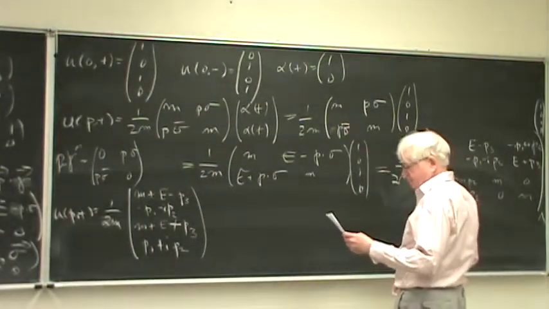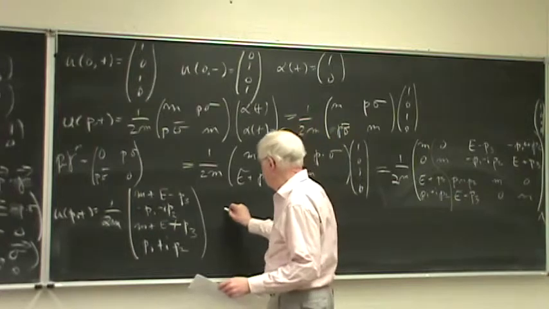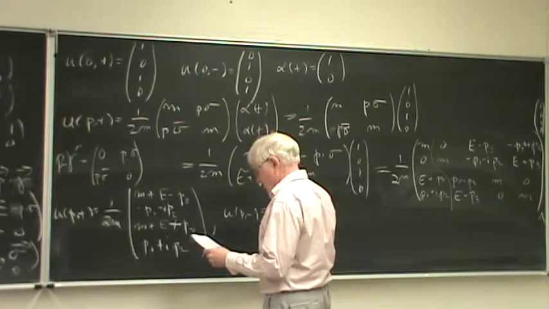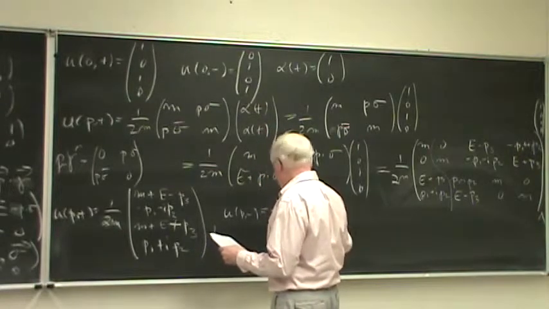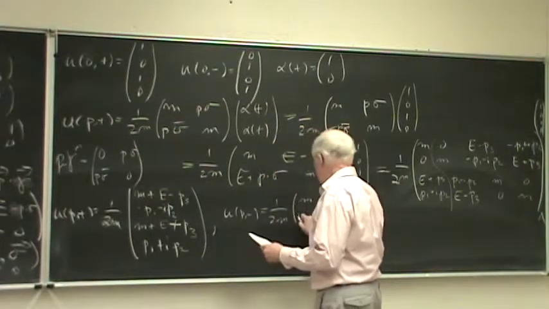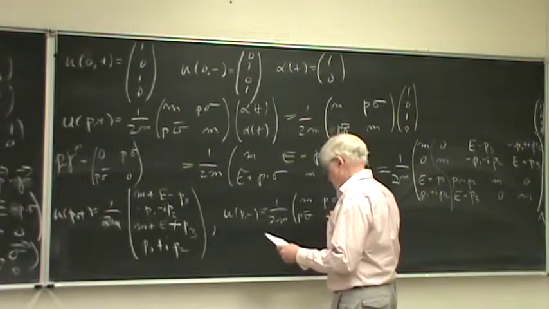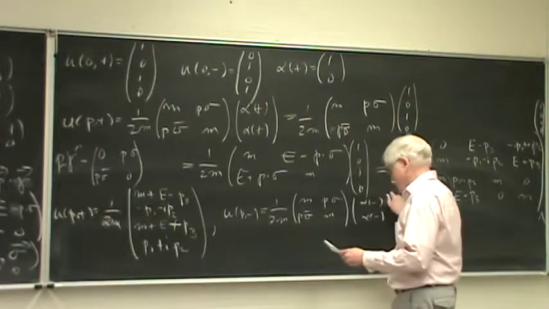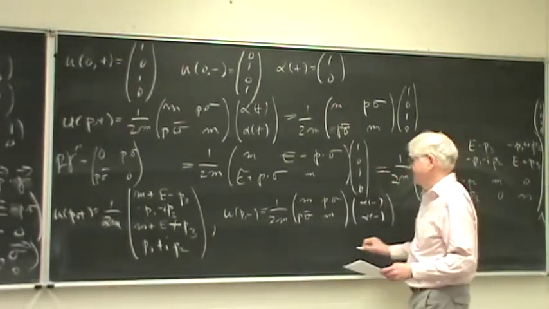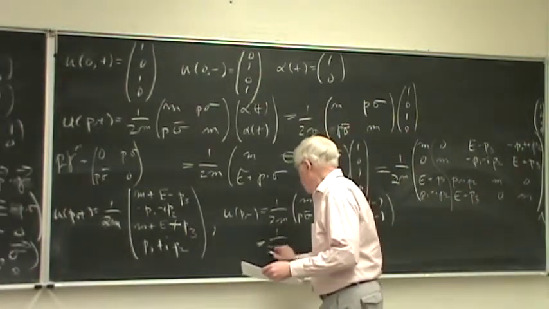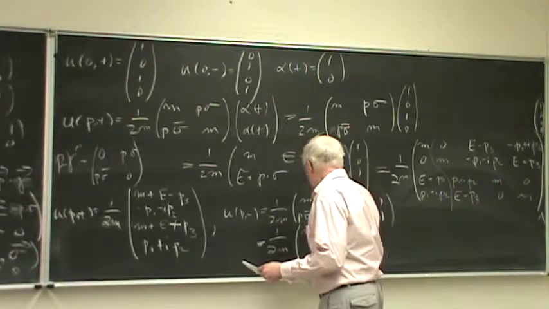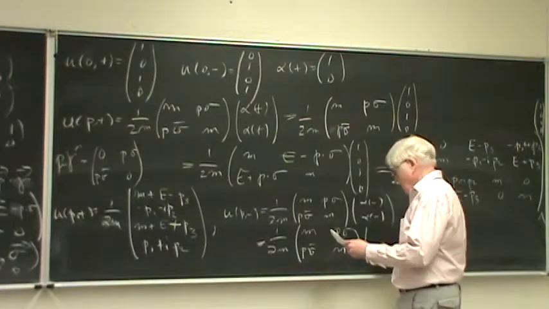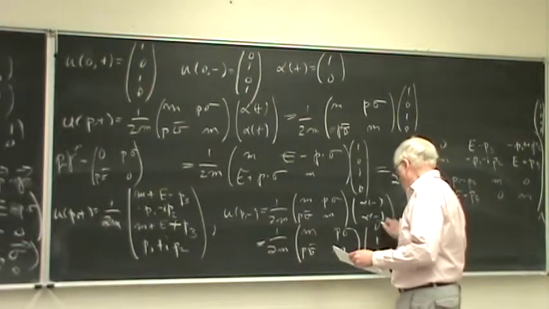What is u of p minus? Spin down. Well, this is 1 over 2m, m minus p sigma bar, m, and now it's alpha minus, and so that is 1 over 2m, m minus p sigma bar, m, and now 0, 1, 0, 1.